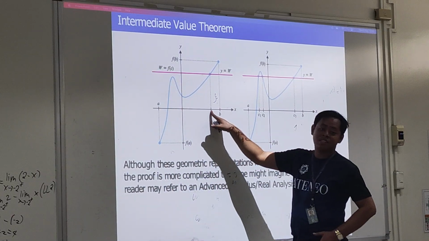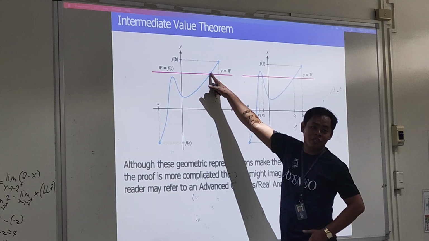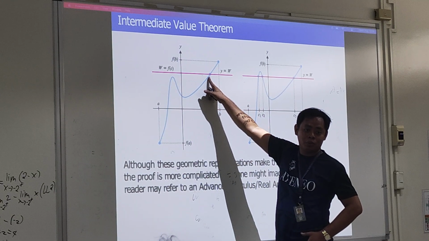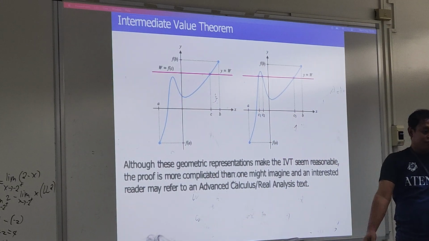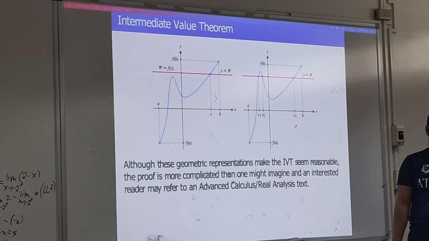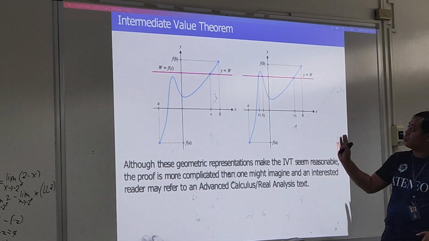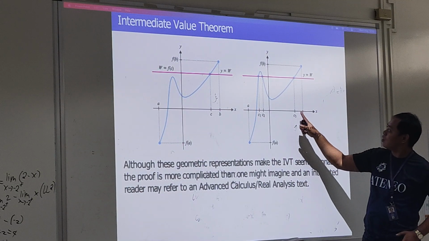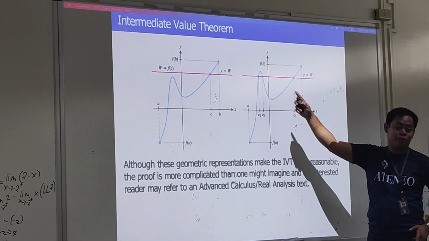For that one, that will be your f of C, and that is the value denoted by your W, so that the line W touches your function. In this case, there can be just one. But there is also another case for which there is more than one, for which the given values C1, C2, and C3 give the function value W.